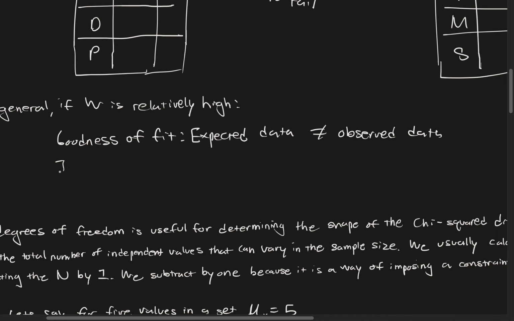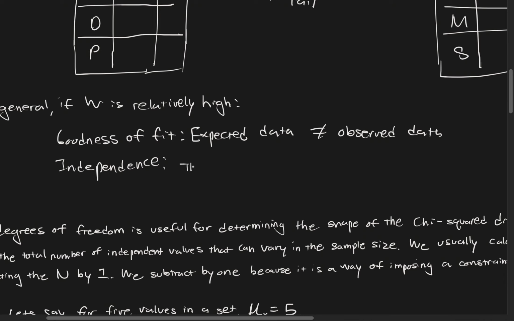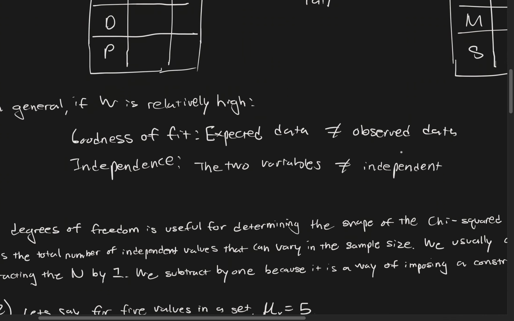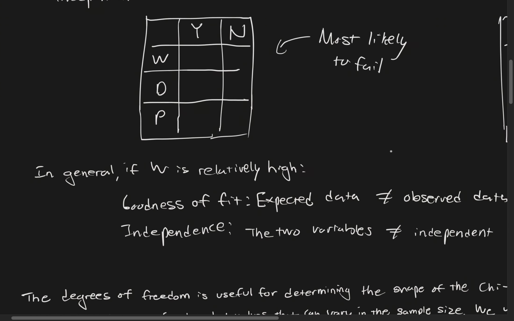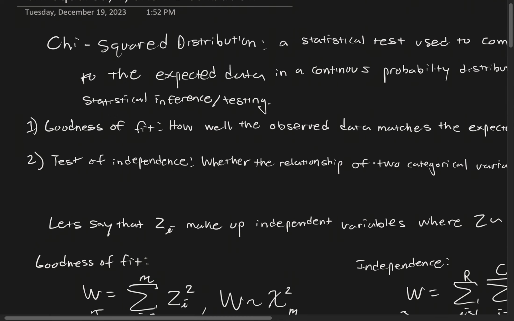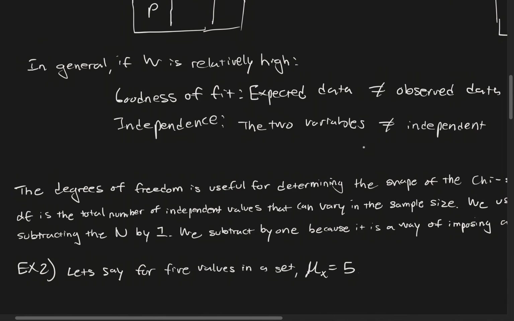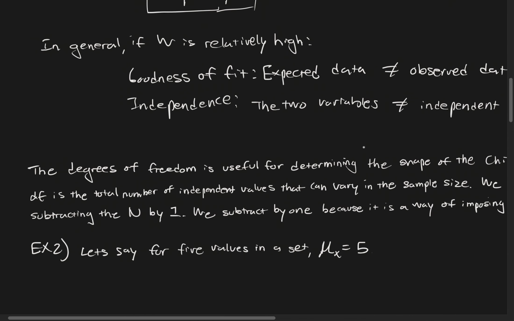And for independence, if the W is high, then the two variables we are testing in relation to each other are not independent. Again, we're not going to use specific metrics or tests for now. My aim is to go over these concepts conceptually. A lot of this is general, but I think it's still good information to know for down the road.